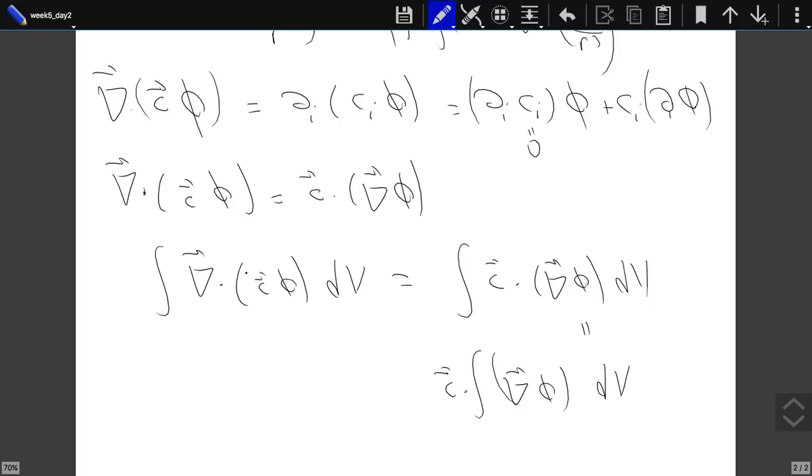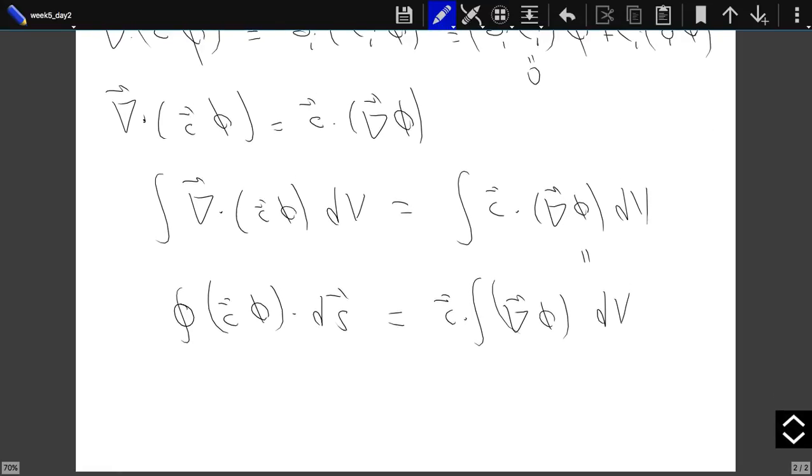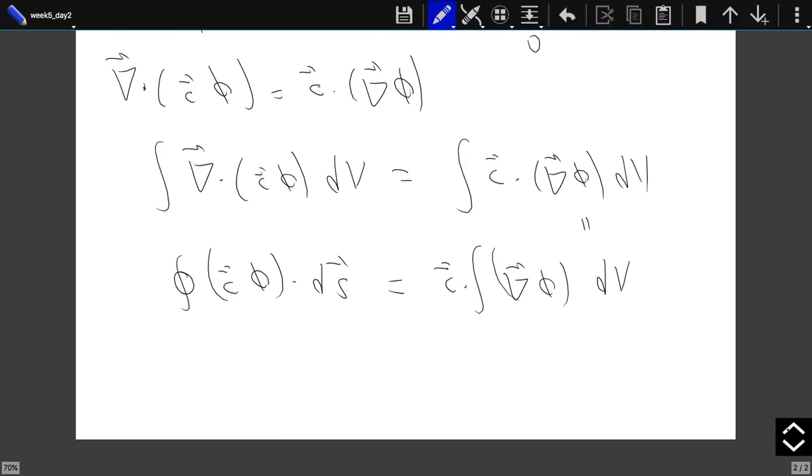On the other hand, I know that the divergence of a vector field, I can write it as a surface integral. The surface integral of C phi dot ds. Again, C is a constant vector, I can take it out.